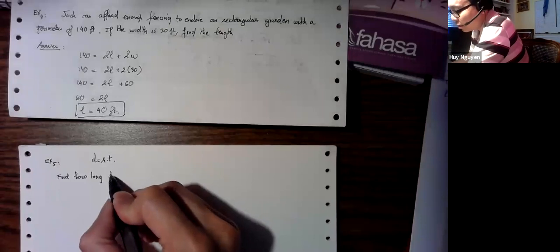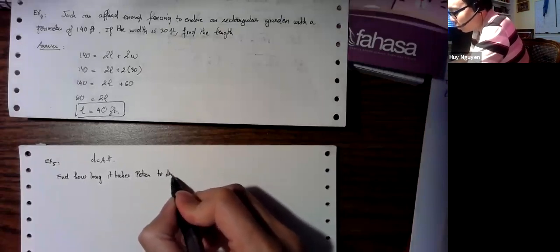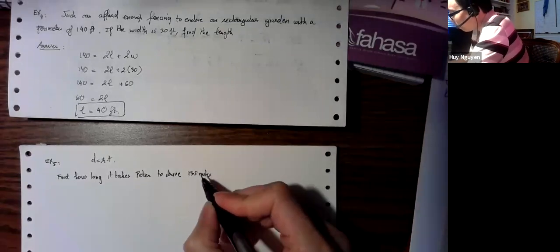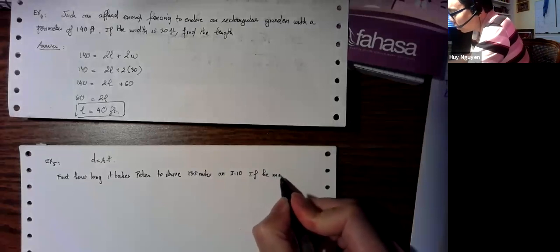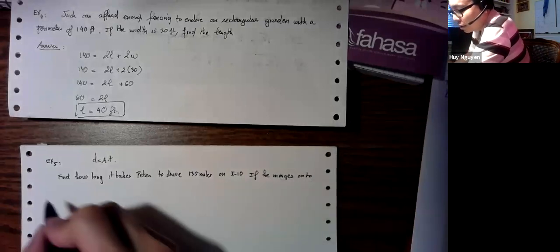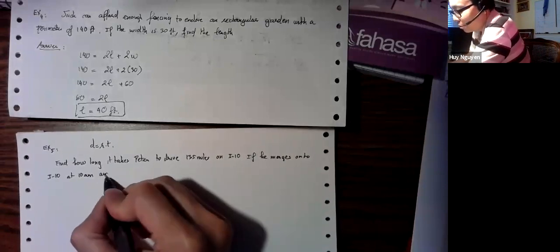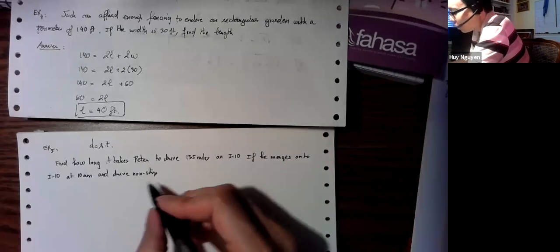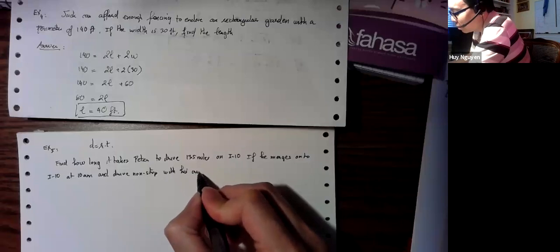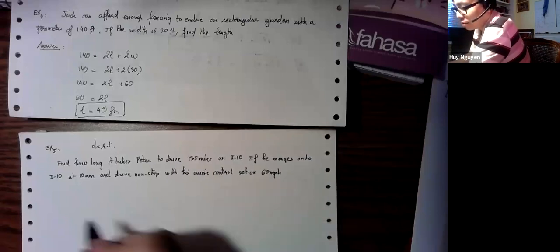It takes, see, the amount of time spent by Peter to drive 130 miles on I-10 if he merges onto I-10 at 10 a.m. and drives non-stop, okay, non-stop, no taking a break, with his cruise control set on 60 miles per hour. All right, now we do this.